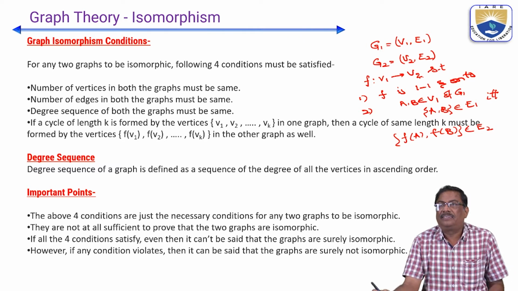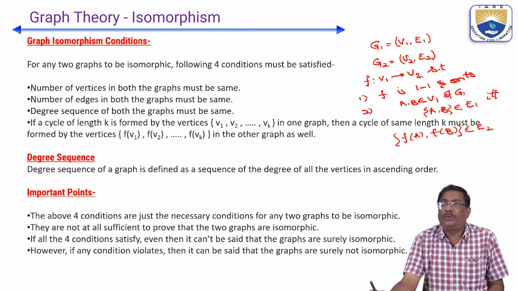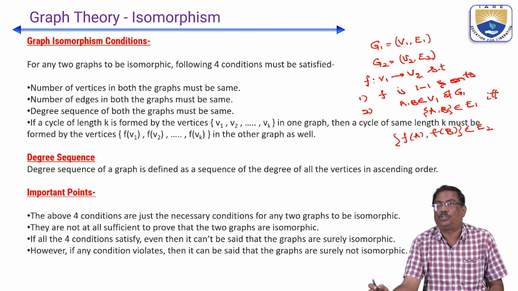Then we can say that the function f is an isomorphism, and that G1 is isomorphic to G2.